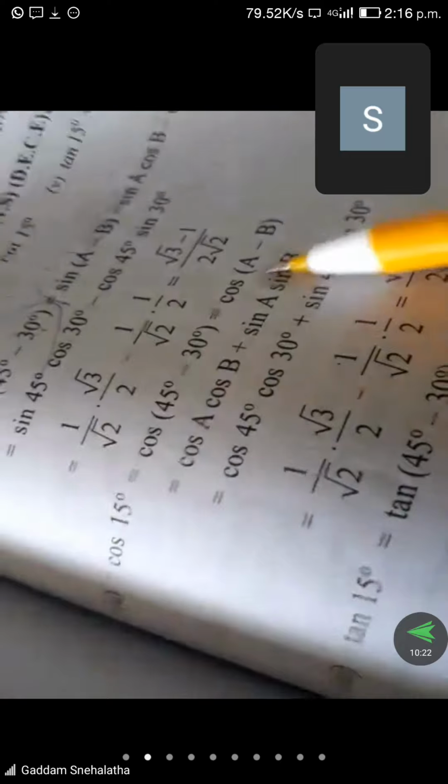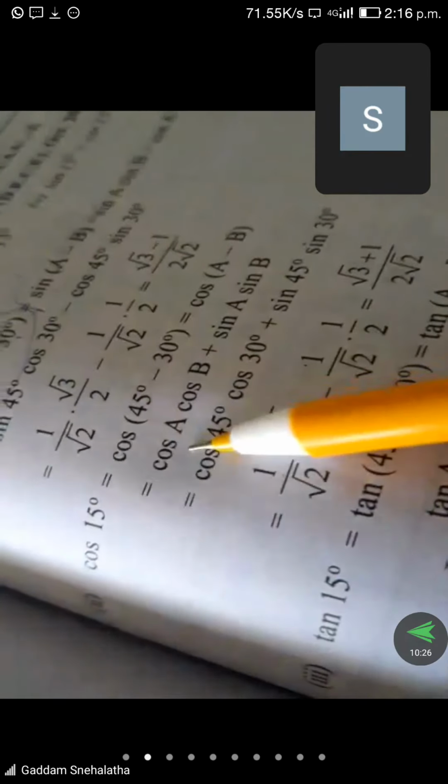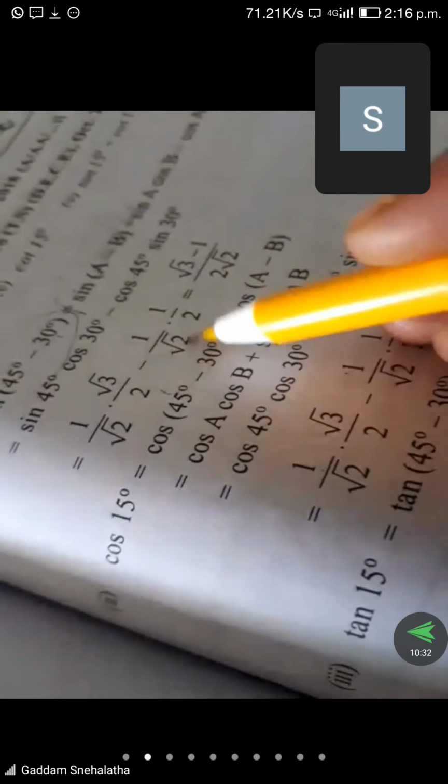Next, cos 15. We don't know cos 15 but we know cos 45, cos 30. So cos of A minus B formula we should use. Cos 45 minus 30 is cos 15. So cos of A minus B is equal to cos A cos B plus sin A sin B. This is A value and this is B value.